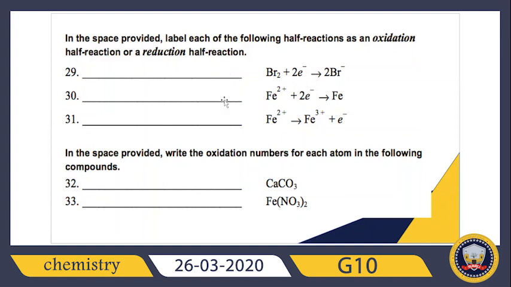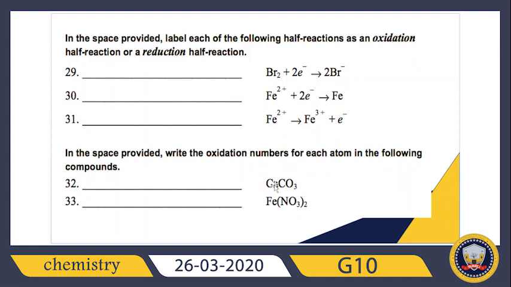I will give you another second to think about this one. What is this? It's obvious. Come on. It is reduction. This one, what do you think? It's also obvious. It is oxidation, loss of electrons. Look at the oxidation number. It has increased.